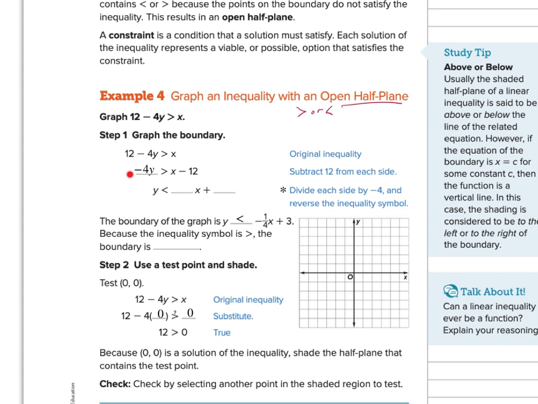So they subtracted 12 from both sides. Now we have negative 4y. When you divide by negative 4, you have the golden rule that you have to reverse your sign.